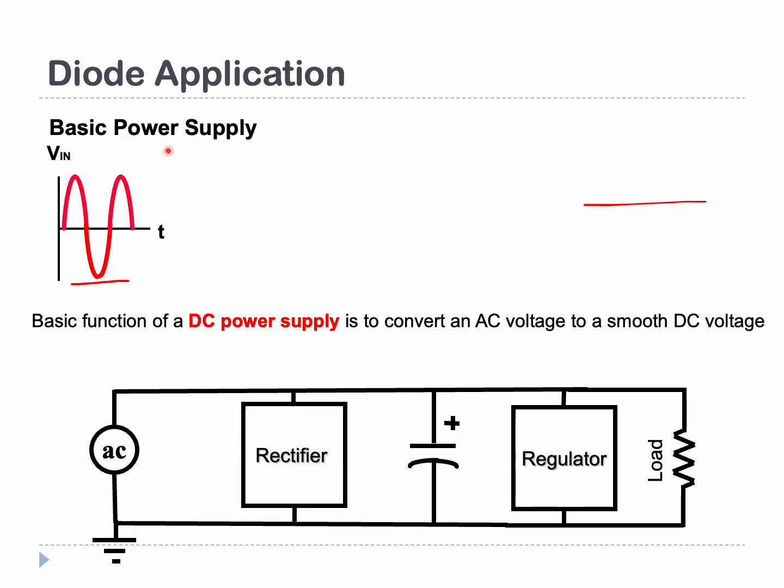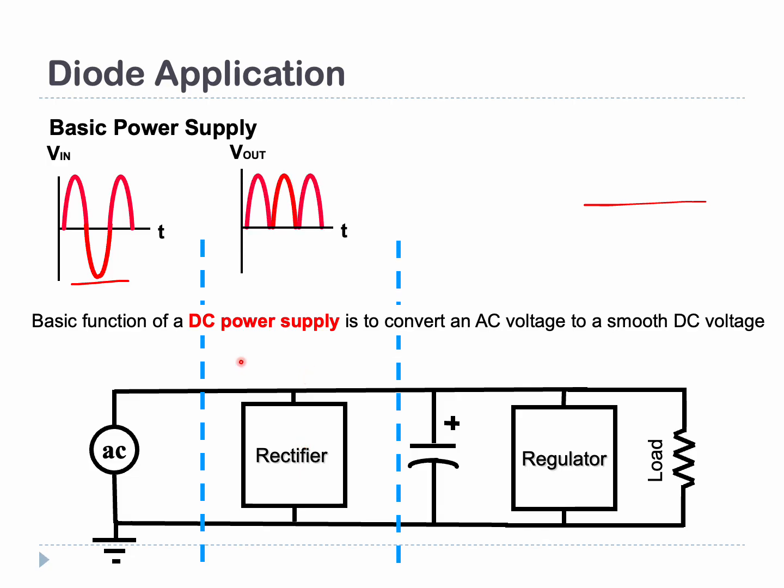Now let's look at the basic power supply. The basic function of a DC power supply is to convert an AC voltage to a smooth DC voltage, and we have discussed this in our previous class. We have looked at the function of the rectifier, where it changes the AC waveform into a pulsating DC waveform.